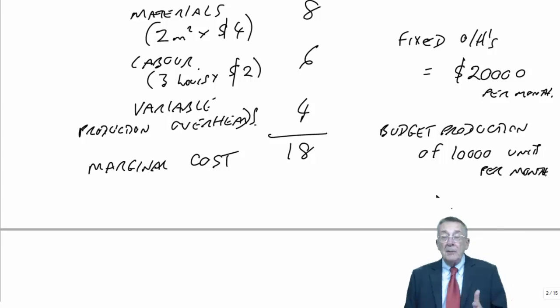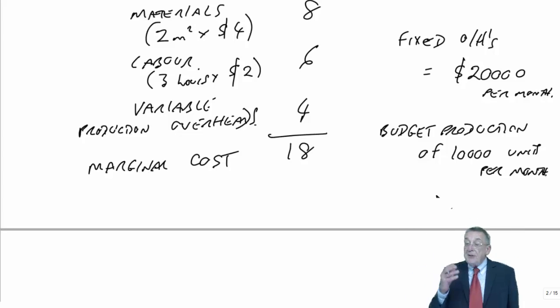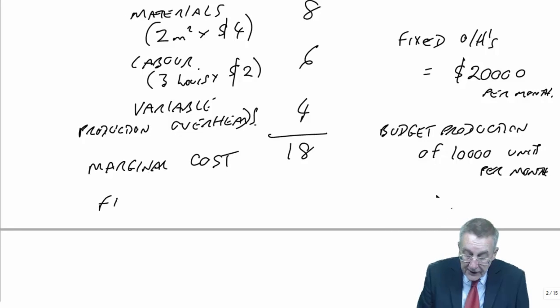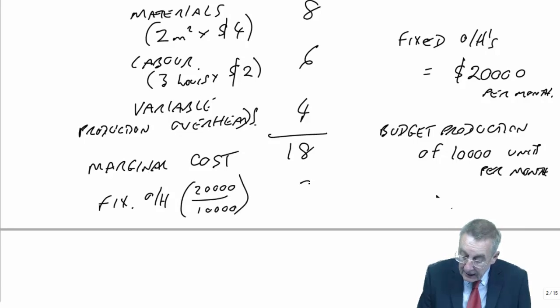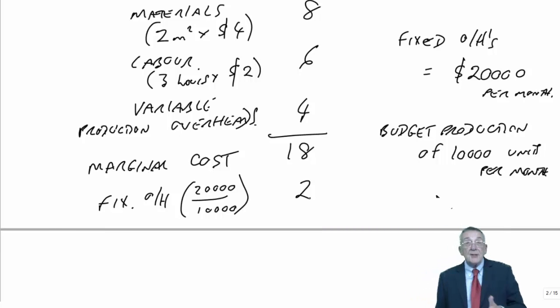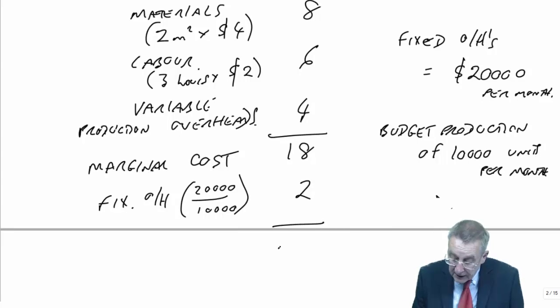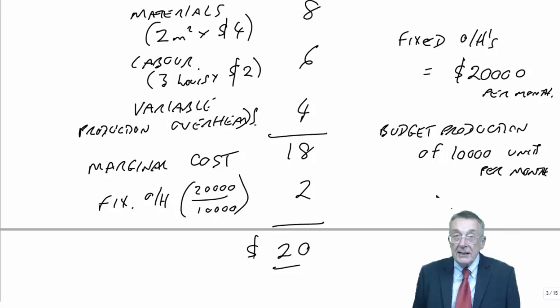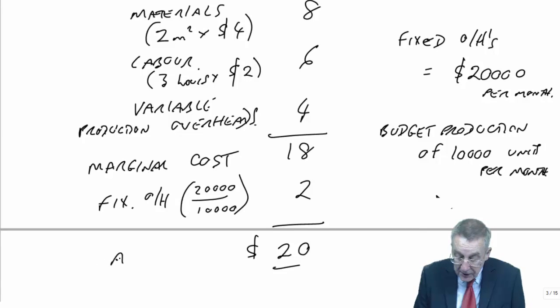Although we can discuss problems to do with this later, if I expect to spend 20,000 a month to produce 10,000 units a month, then no problem. I can say the fixed overheads per unit, 20,000 over 10,000, is $2. And that exercise is absorbing, charging $2 a unit. That would give me a full production cost per unit of 20, or the absorption cost.